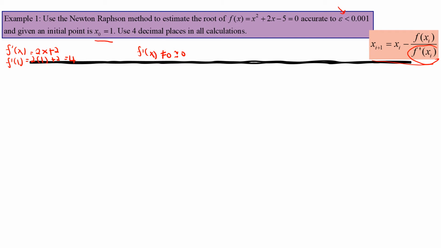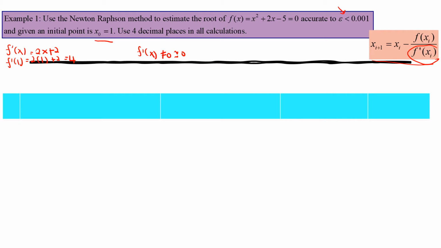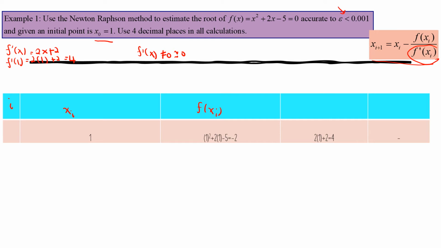Okay, next step, we have to draw the table. The first column is i, which is the iteration. Next is x_i, next is f(x_i), next is f prime of x_i, and the last column is the error, which is x_i minus x_{i-1}.